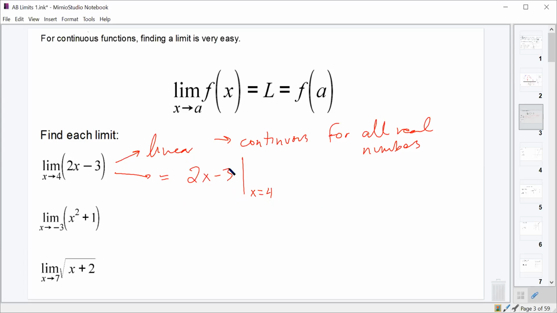That means this function or this expression evaluated at this number. So what does that become? That becomes 2 times 4 minus 3, or 5. Just making sure you all are in the right class and know how to do arithmetic. Okay. Everybody good with that? We wanted the limit as x approached 4 of 2x minus 3. All we had to do was plug in the 4 because we knew this function was continuous.